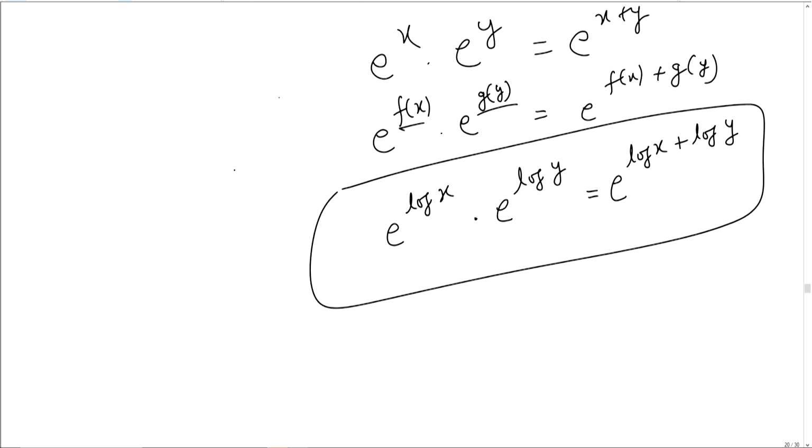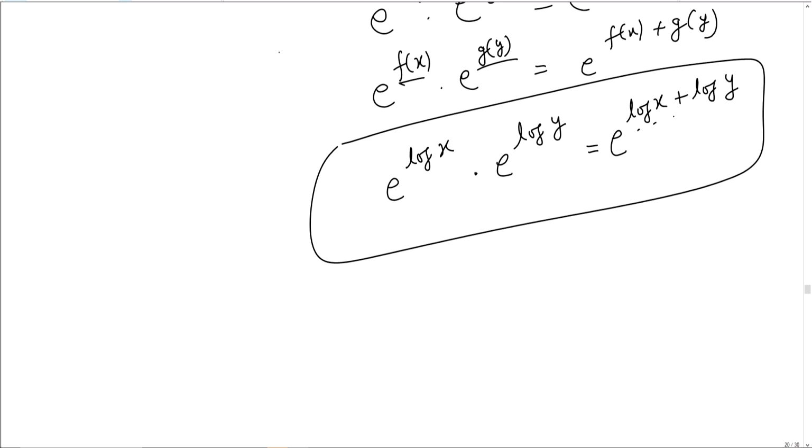Now, I am getting closer to the identity, because in the identity I have something like this. And here, because you have e to the power log x and e to the power log y, e to the power log x can be written as x, and e to the power log y can be written as y. Of course, x and y should be greater than or equal to 0.